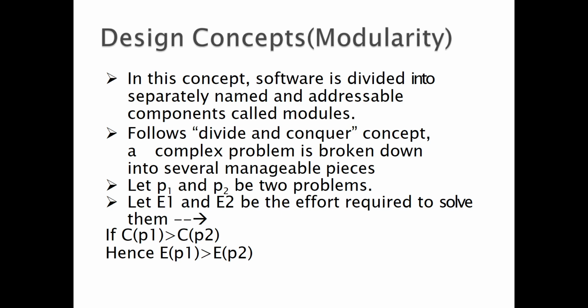But you cannot keep on dividing it endlessly. An example is, if you want to eat a pizza or a chapati, you break it down, because you cannot eat it at once, right? You cannot take one complete chapati and put it in your mouth. So you break it into small slices, right? But how many slices? That is the question. You cannot break it into n number of slices, as thin as your hair.